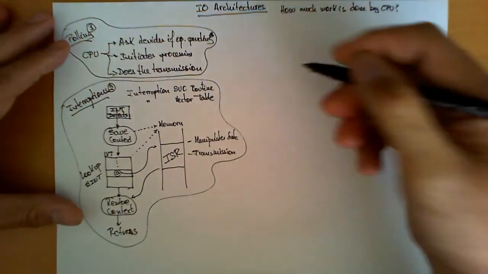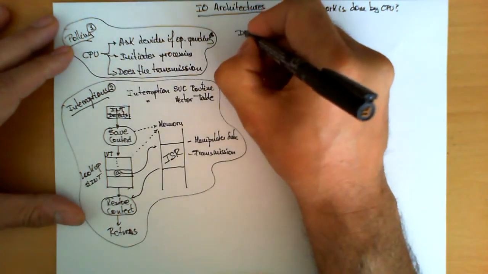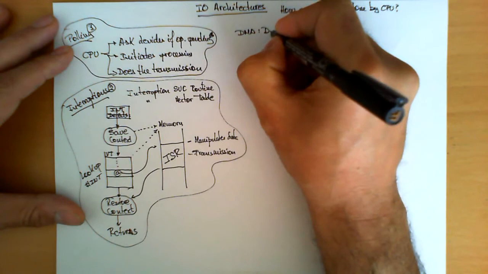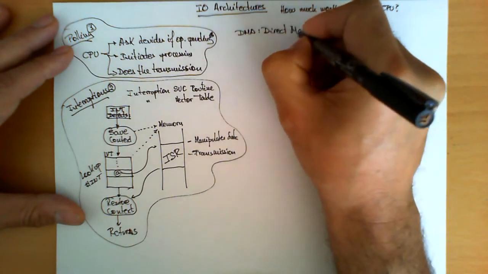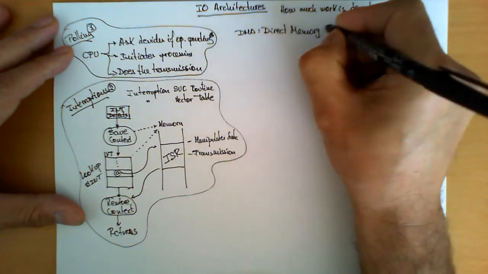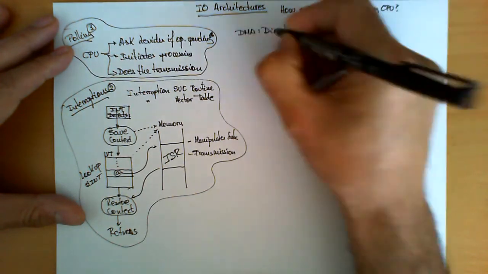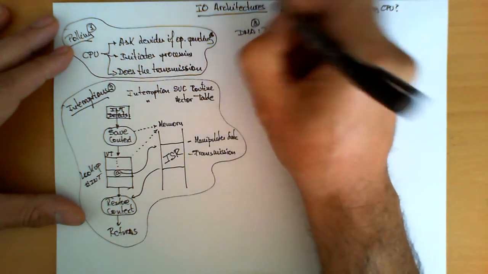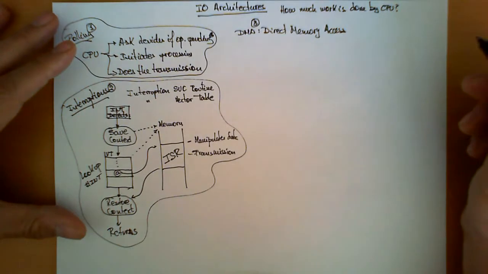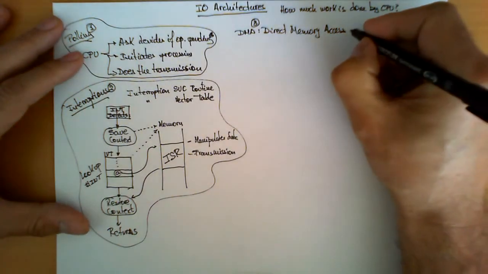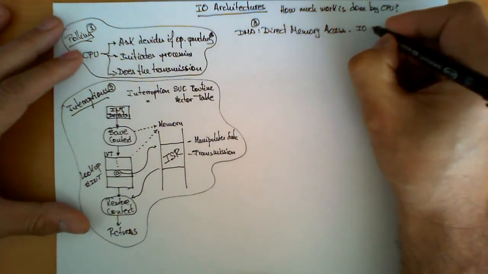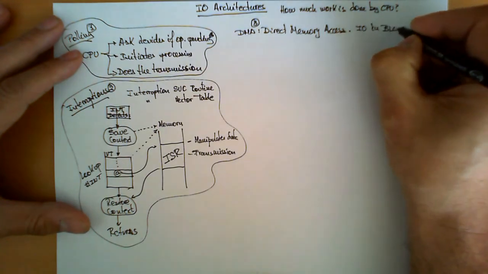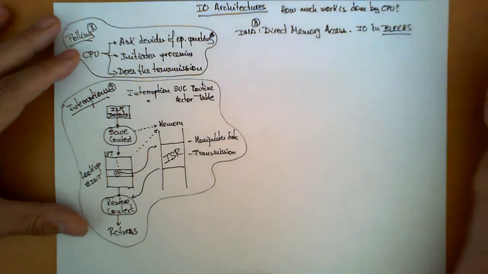Let's now look at a more advanced strategy, which is called DMA, which stands for Direct Memory Access. This would be our strategy number 3. Now, direct memory access comes from the realization that some of the input-output is done in blocks. Let's take, for example, the disk.